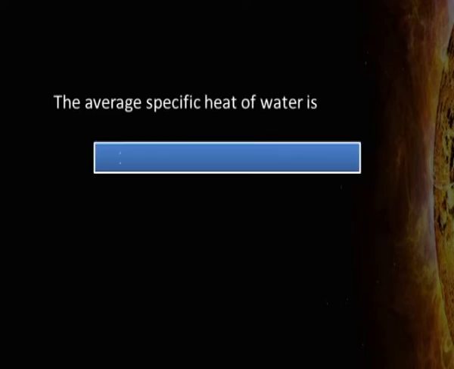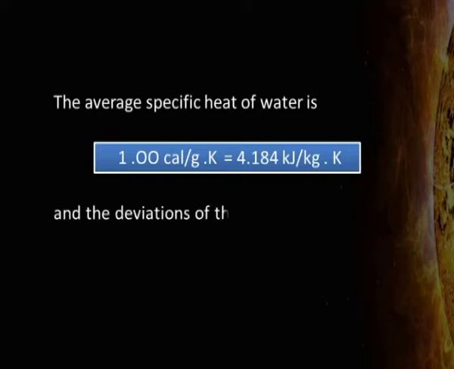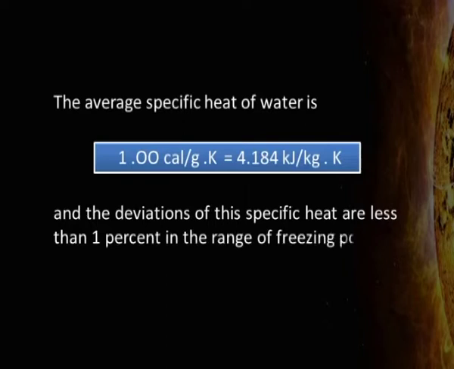The average specific heat of water is 1 calorie per gram per Kelvin, which is also equal to 4.184 kilojoule per kg per Kelvin. The deviations of this specific heat are less than 1% in the range of freezing point to boiling point.